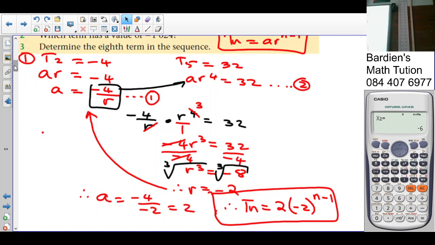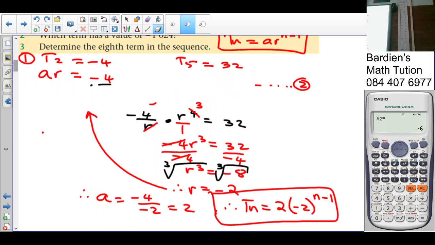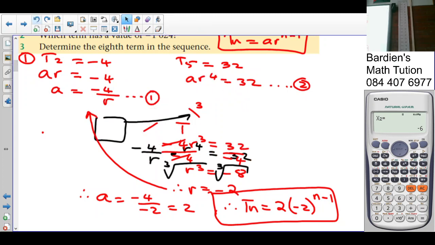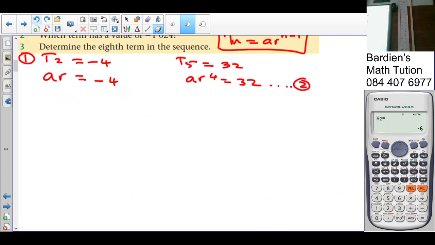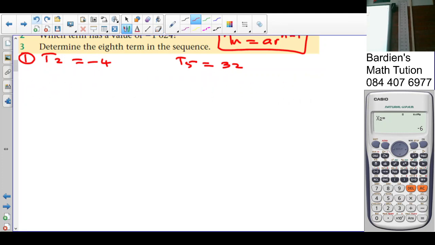So what is exclusive to arithmetic sequences? Common difference. How do you work out common difference? T3 minus T2 is equal to T2 minus T1. So what is exclusive to geometric patterns? Common ratio. And what is common ratio? T3 over T2 must be equal to T2 over T1.